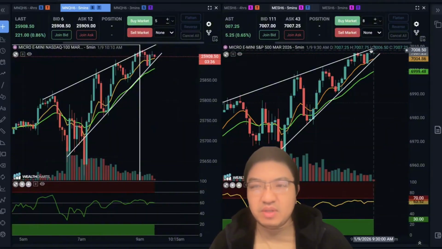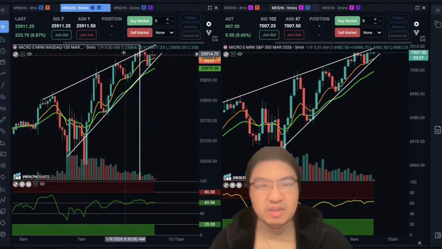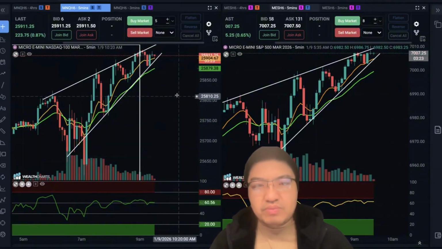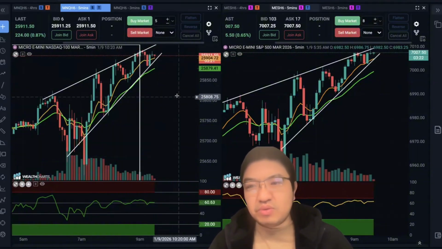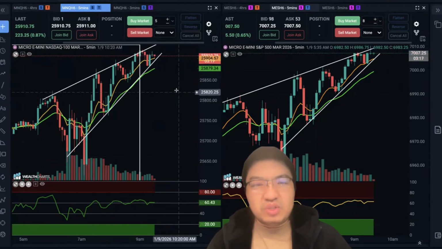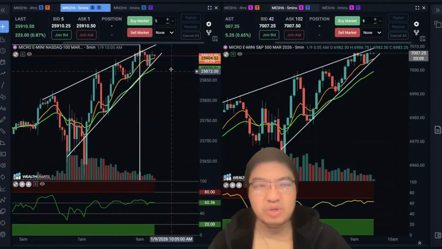ES goes up to the upper bound of this channel, and NQ is still just in the middle, not reaching the upper bound correspondingly. So it has the intention to the downside. But we'll wait for more obvious confirmation because this is not that obvious. Based on the structure, it's still an uptrend. It's very dangerous to go short in an uptrend.